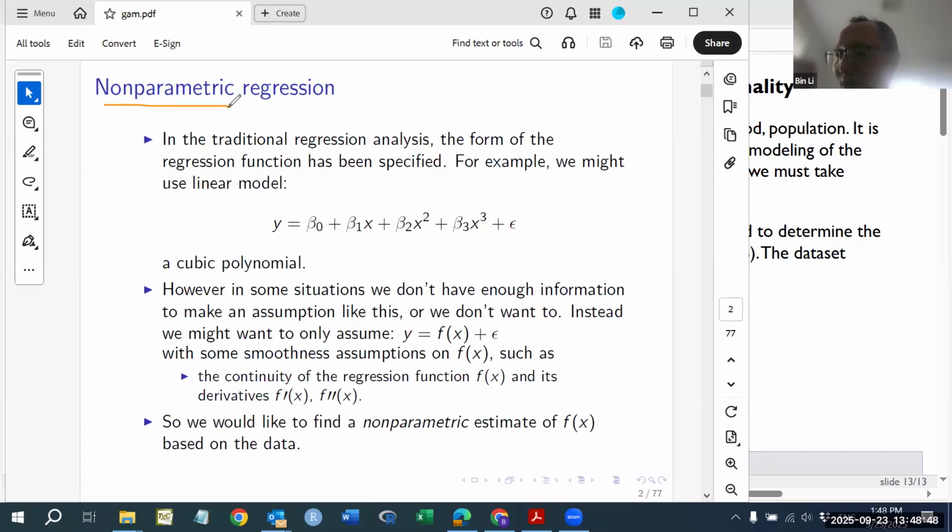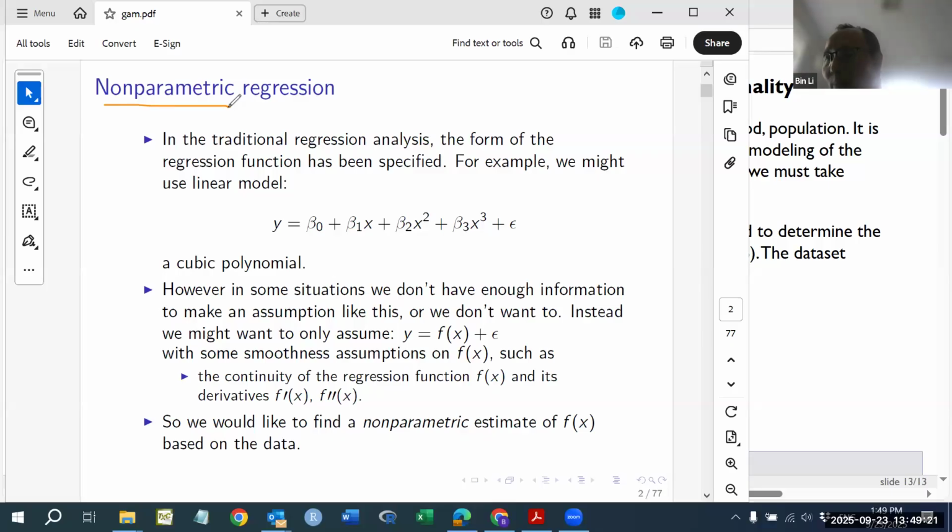Because all of these tests are related to some distributional assumption, like we assume that the population follows a normal distribution so that we can do a two-sample t-test. That's called a parametric test. So a non-parametric test does not assume any distributional form.